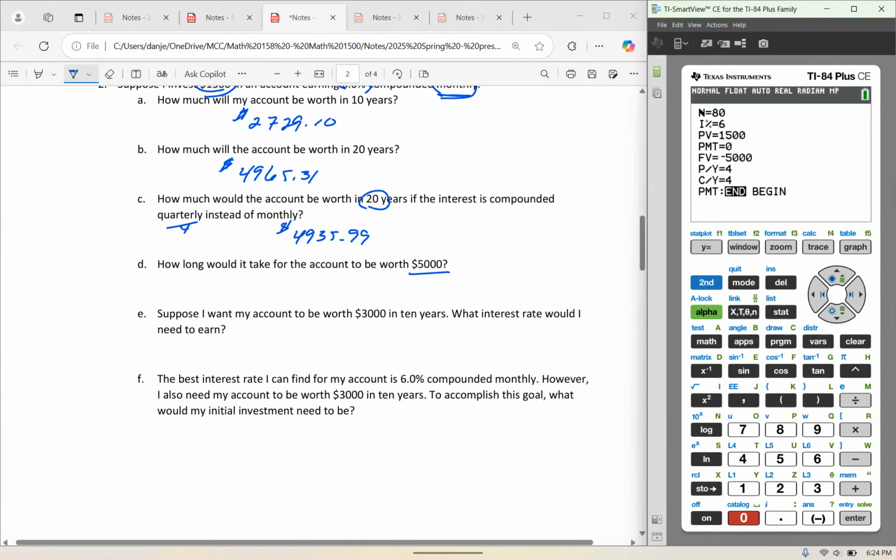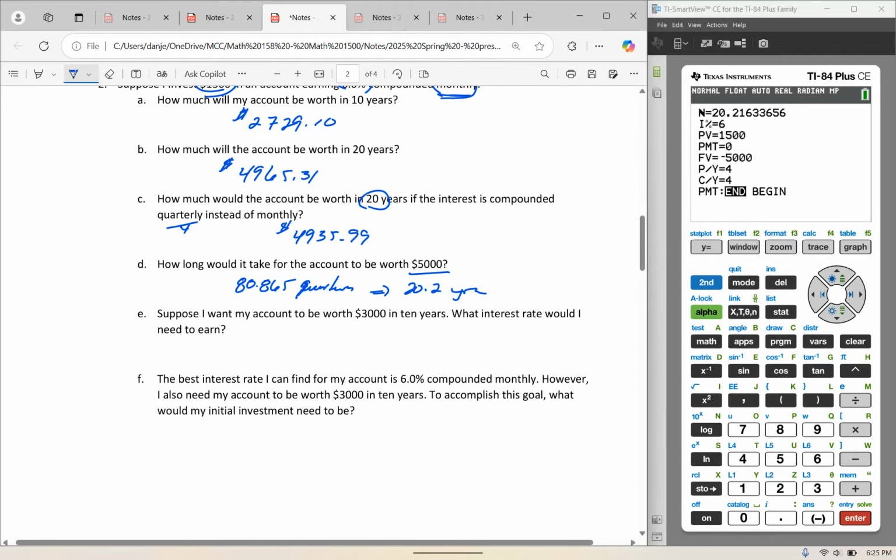Now notice I have 80.865, but that's not years, because remember our compounding is 4 times per year, quarters. So that's 80.86 quarters. I need to divide that by 4 to find the number of years. That would be 20.2 years.